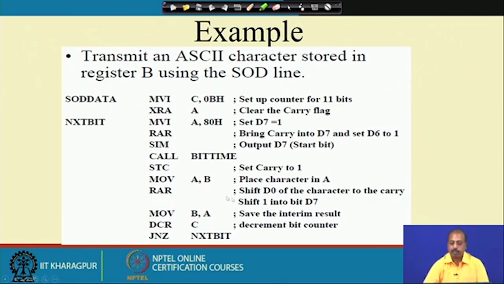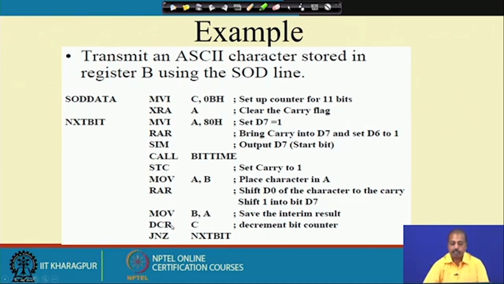So, that carry will now get shifted to D7. This intermediary result we save in the B register, because the content of A will be changed when we execute this SIM. So, the value is saved into the B register.